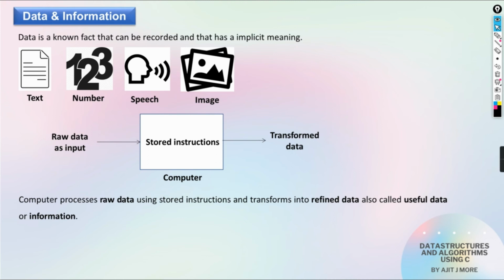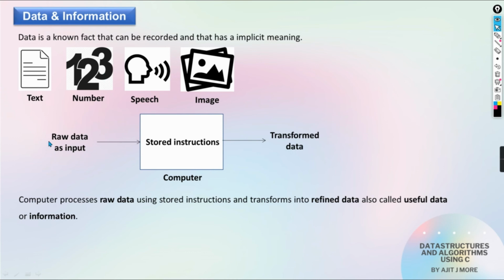So, different numbers are collected. For example, you have collected the marks of students. I just want to find the maximum marks, or arrange all these marks in descending order.